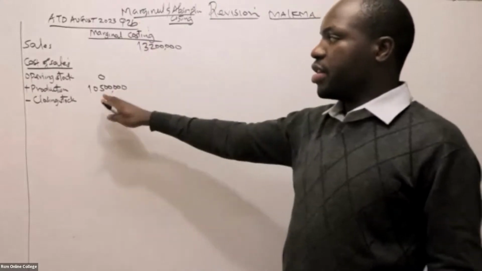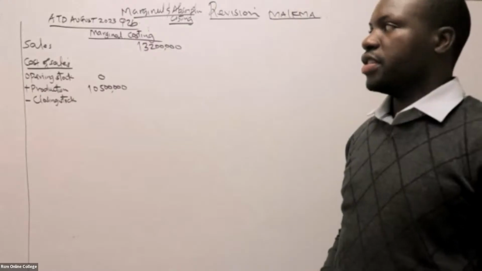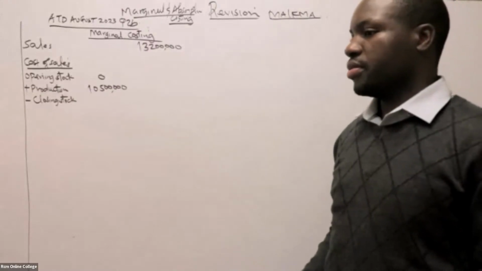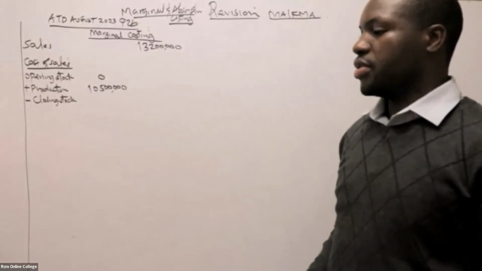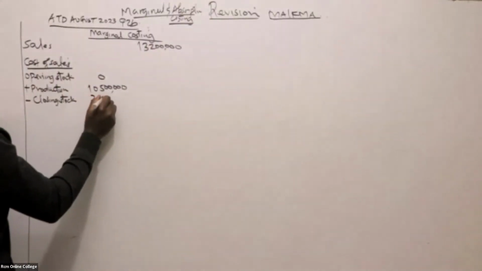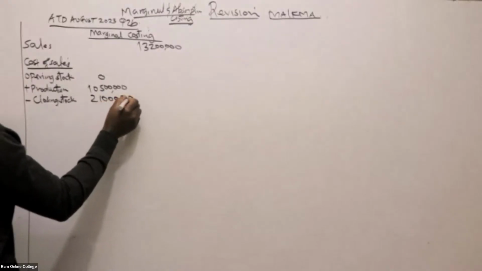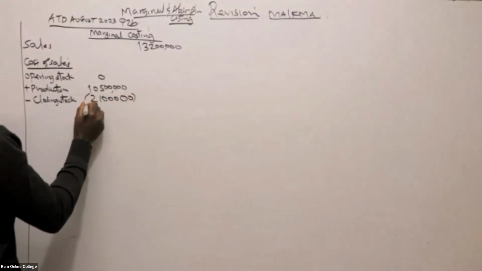So when you take 350 times the quantity of closing stock, that is 2,100,000. And remember, you're supposed to deduct 2,100,000.